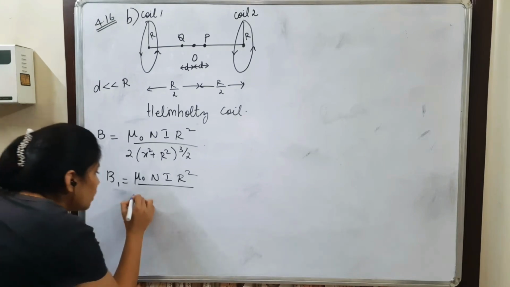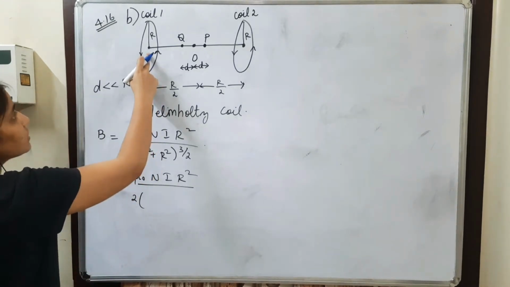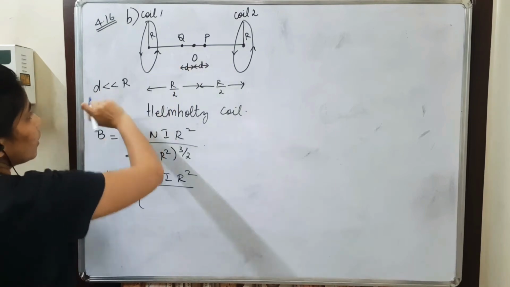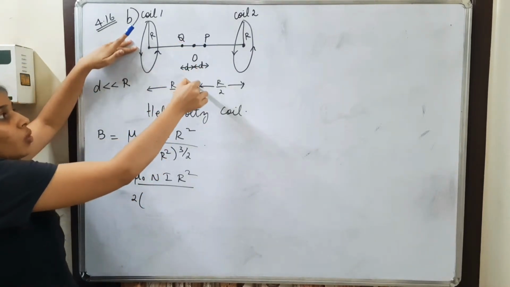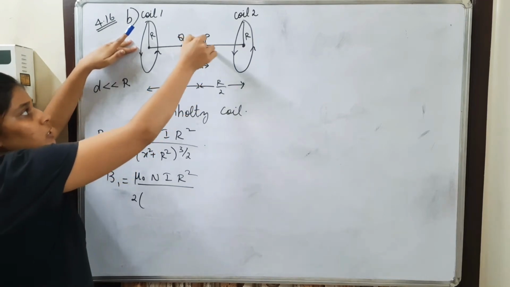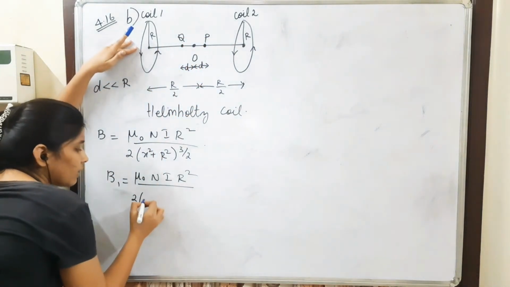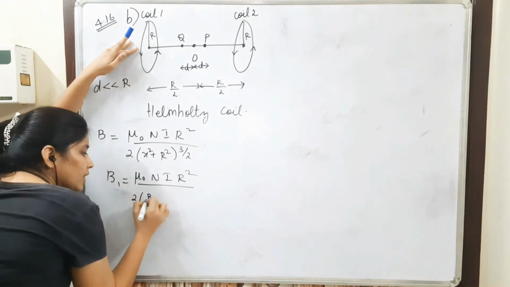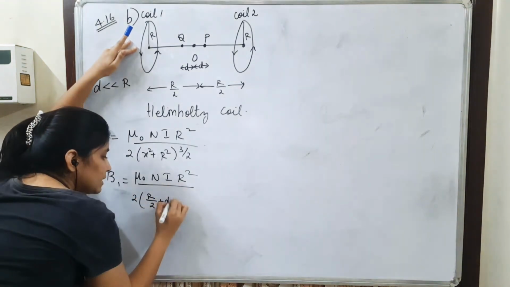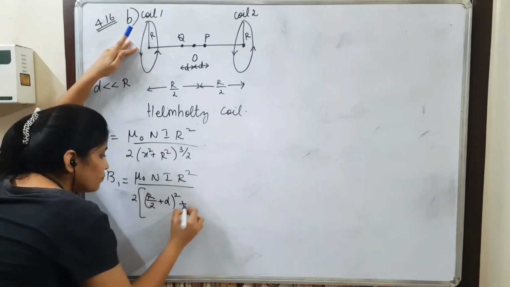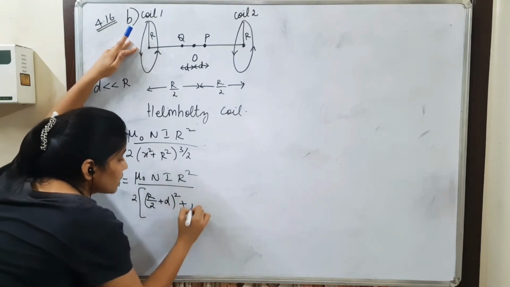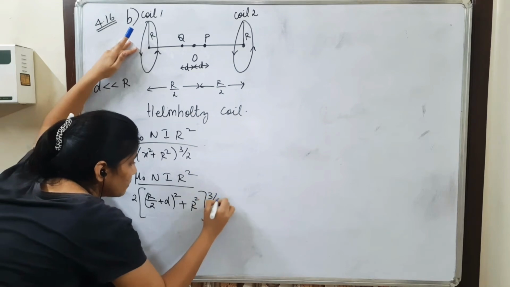Here x is the distance between the center of the coil and the point P. Up to O we have R by 2, and this portion is D. So we can write x as R by 2 plus D, the whole square, plus R square, the whole power 3 by 2.